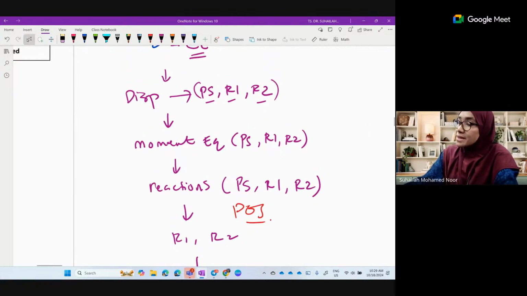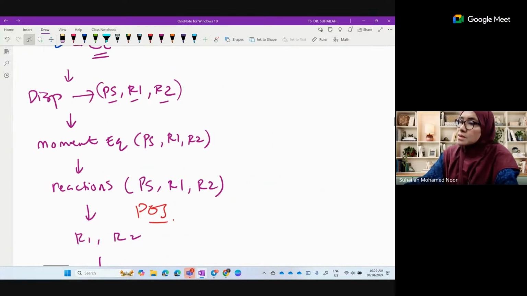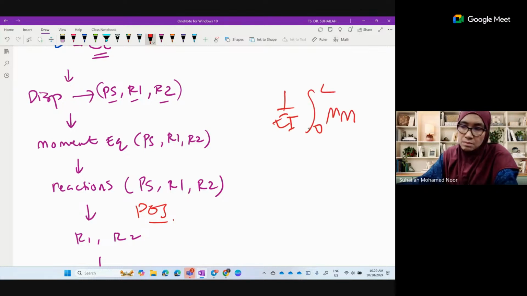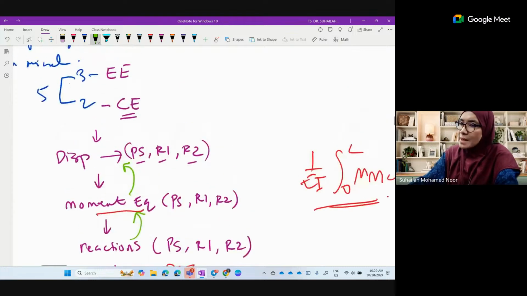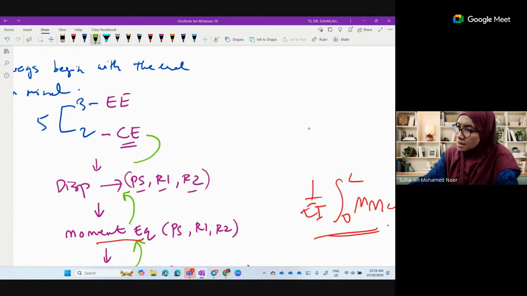And to get displacement, we must have the moment equation, because in the displacement formula, you are used to this, right? M times M dx. This is the displacement formula. That's why there is a moment equation here. So we do this step to fulfill this one, this step to fulfill the next, and so on. See?